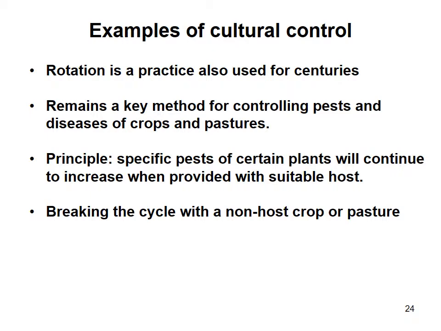And so problems become worse as pests and diseases build up when the same type of plant species or closely related plant species are grown in the same ground in successive years. So this pest and disease cycle is broken with a non-host crop or pasture, or it's left fallow.